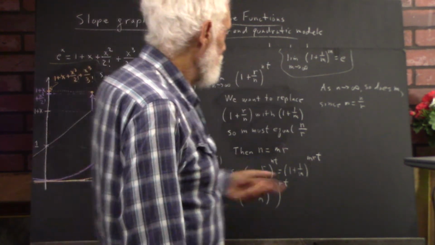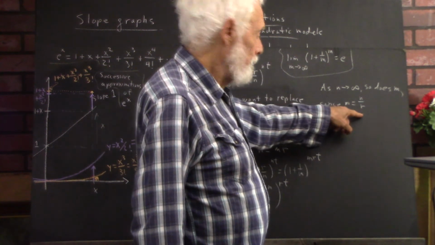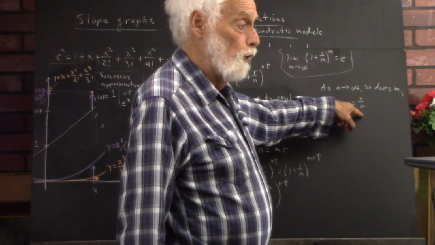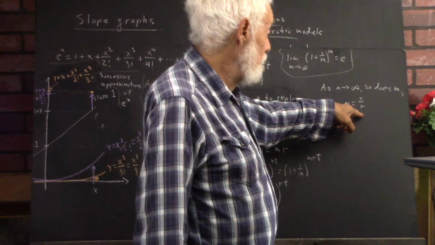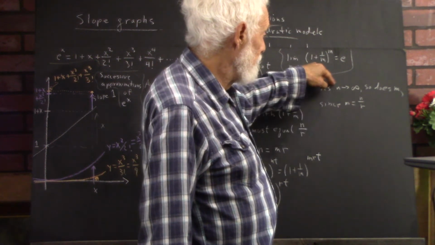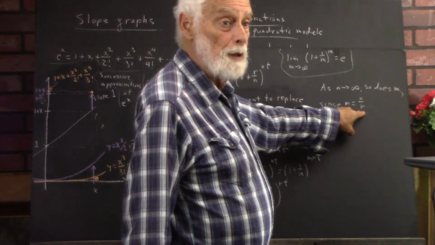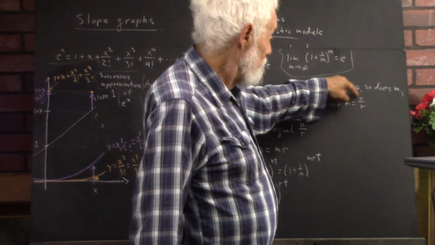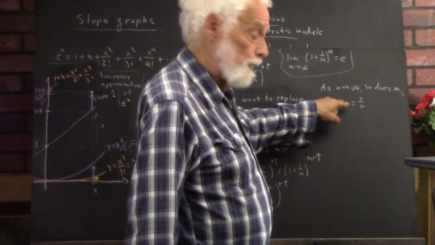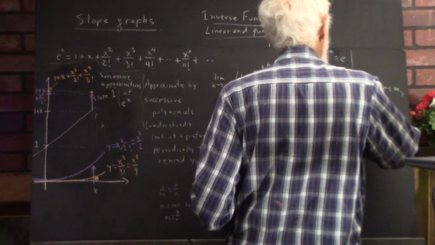If r is a reasonable interest rate, any number less than 1, like 0.05 or 0.12 or 0.1, m is going to be bigger than n, so certainly as n goes to infinity, so does m. Even if r was much bigger, there's no limit to how big n is going to get, so there's no limit to how big n over r is going to get.